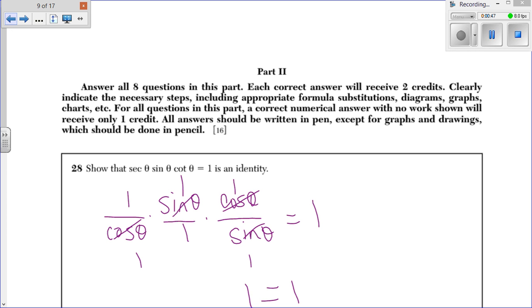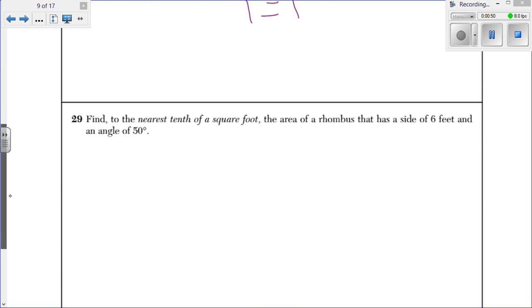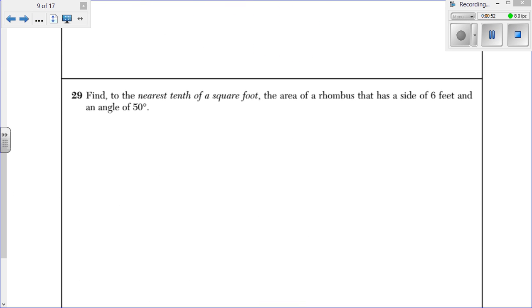It's 28, okay. 29. Find, to the nearest tenth of a square foot, the area of a rhombus that has a side of 6 feet. Okay, a rhombus is like a parallelogram, remember, except all sides are congruent, so they are 6. My angle is 50.